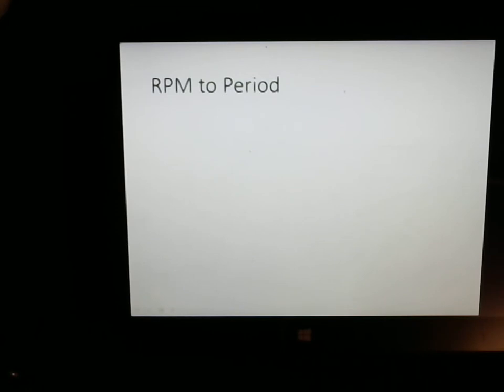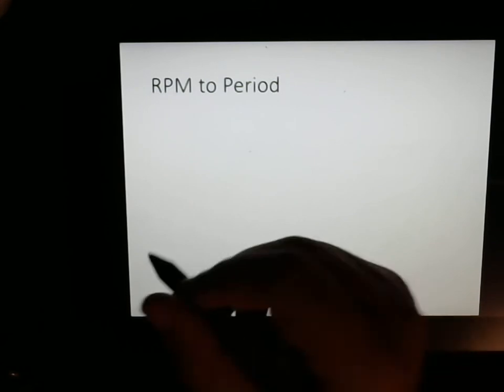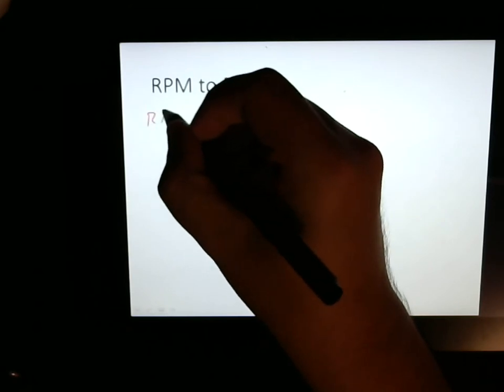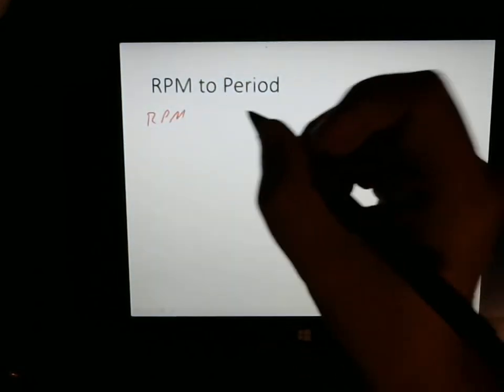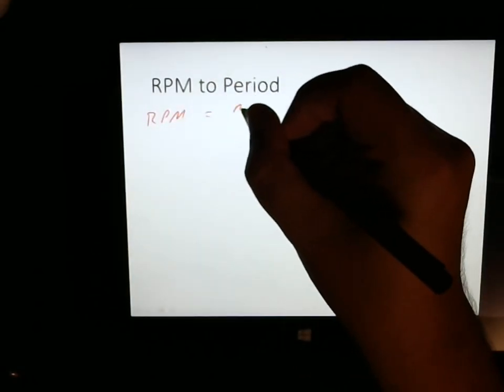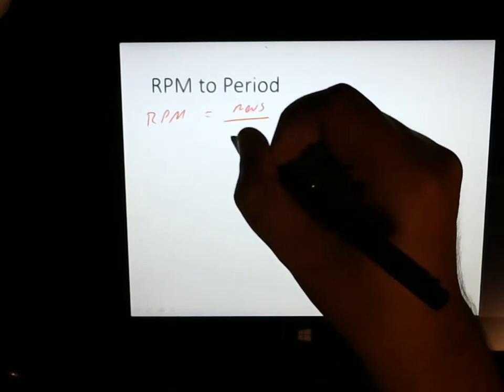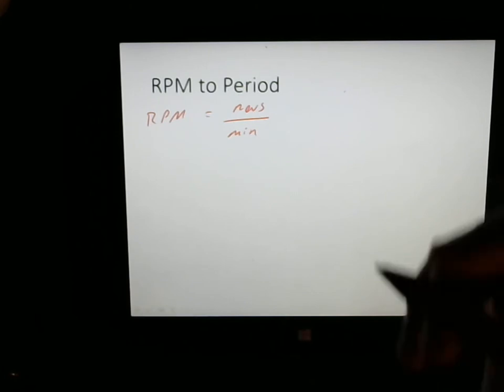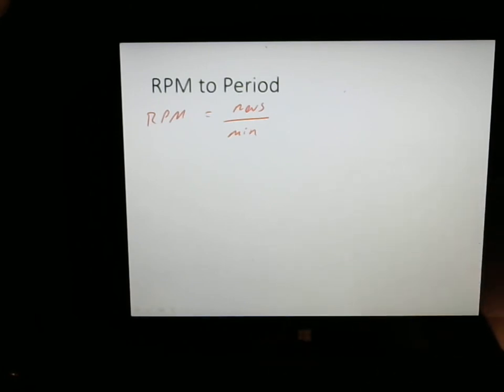Now, the rule is not provided on the exam booklet, so it's worth understanding why we do this. So let's write down this word RPM. Revolutions per minute means revs per minute. And we want to try to convert this to a unit of time.